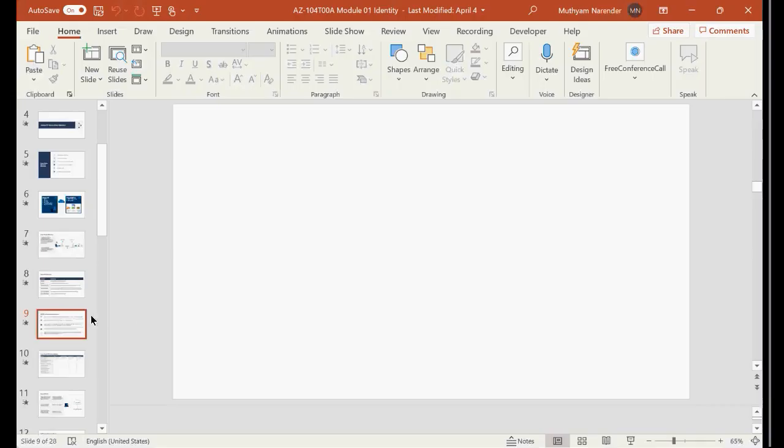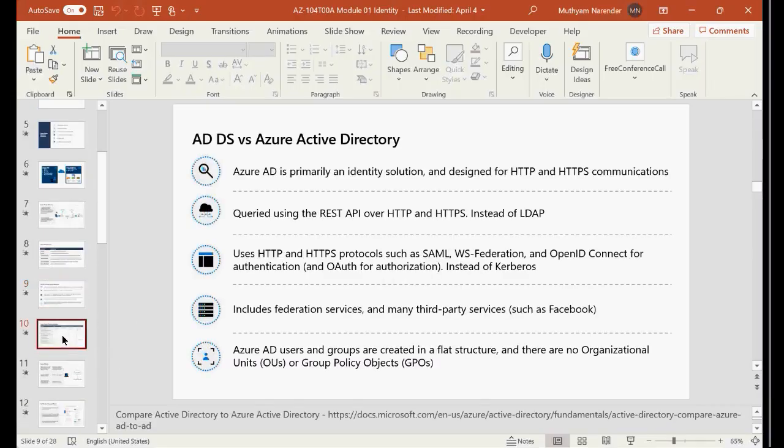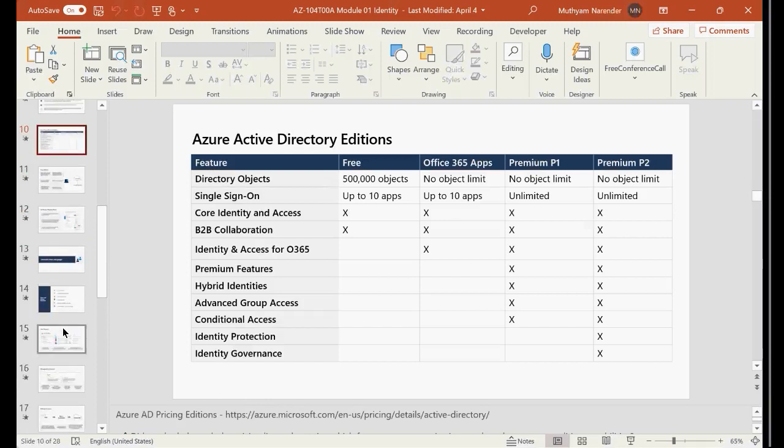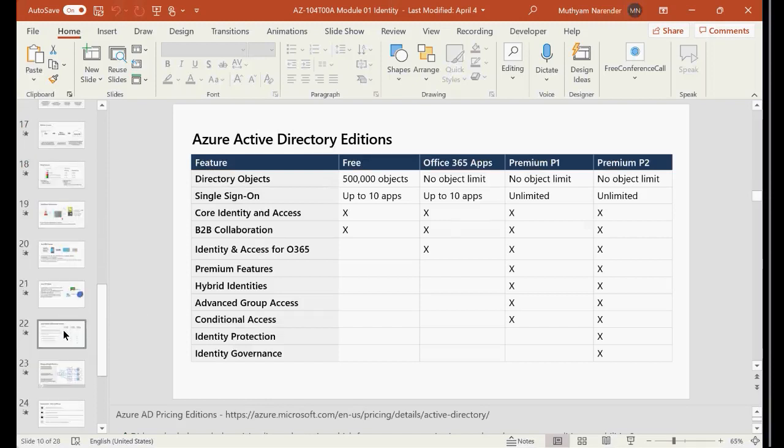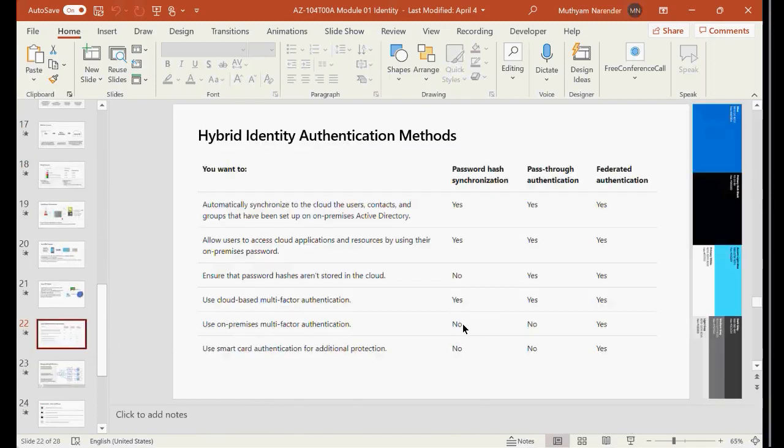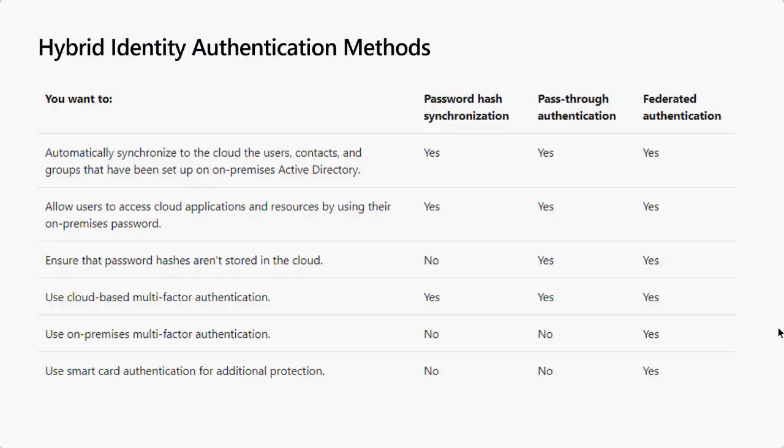Going back to my slide here. These are the AD authentication methods: password hash synchronization, pass-through authentication, and federated authentication. Whenever you are implementing hybrid identity in your environment, you have to go with one of these solutions.